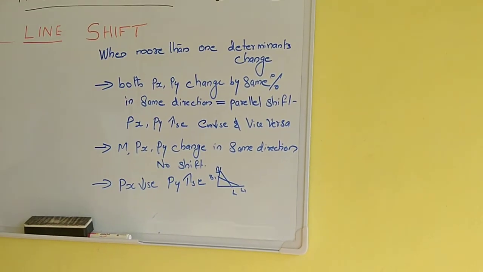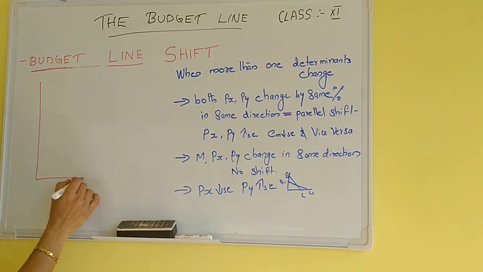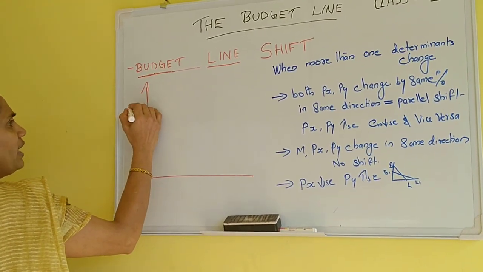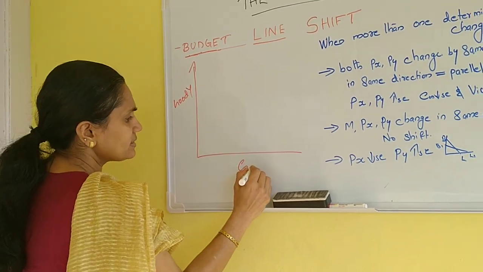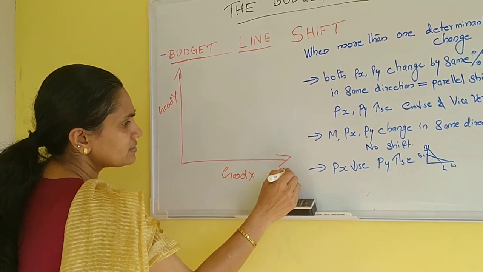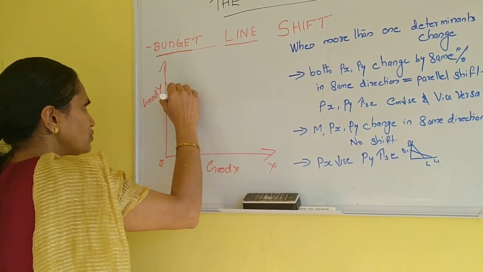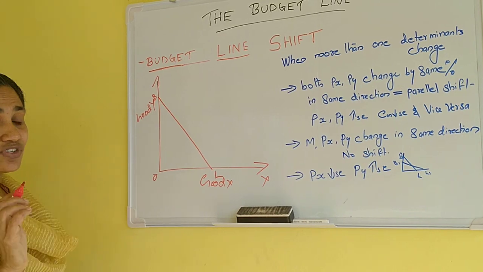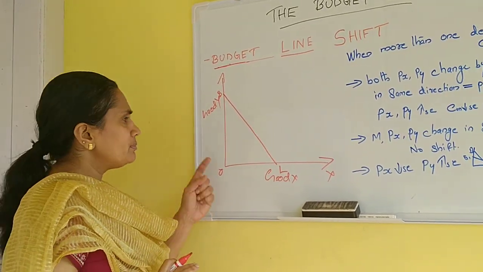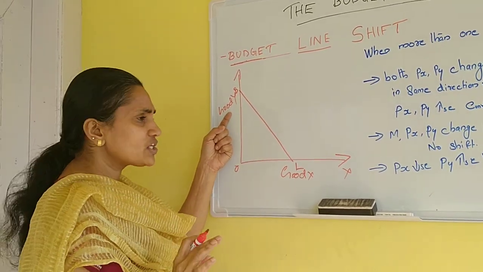What will be the shape of the budget line? Good Y is represented on the Y axis and good X on the X axis. The budget line will be a downward sloping straight line, and the slope of the budget line is the MRE, the marginal rate of exchange.